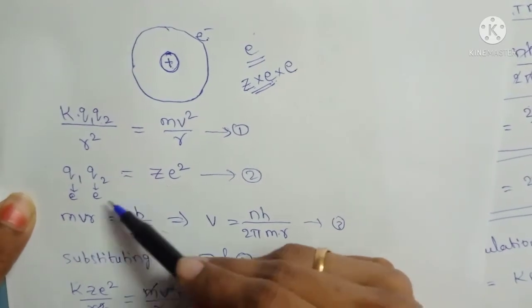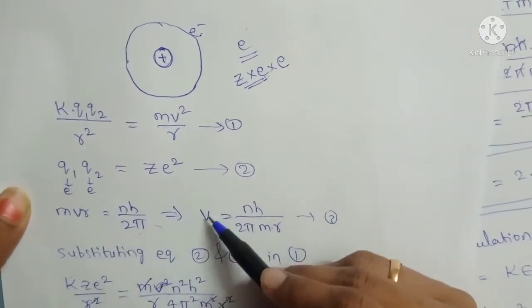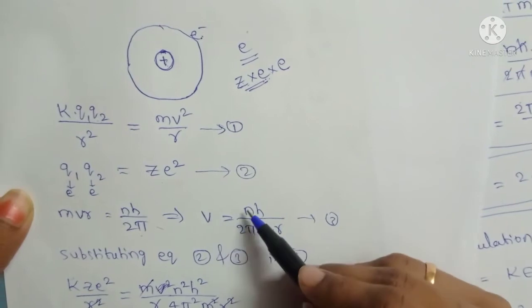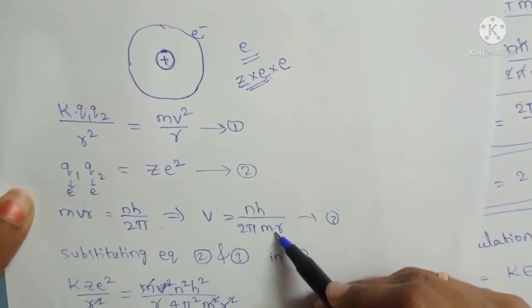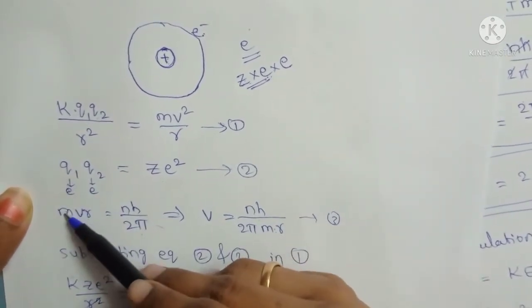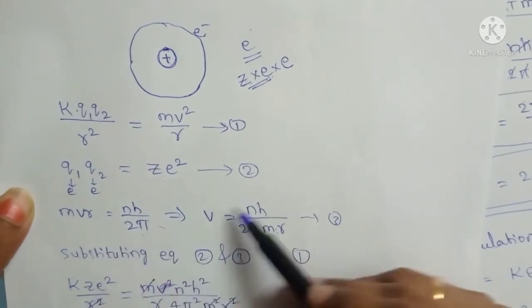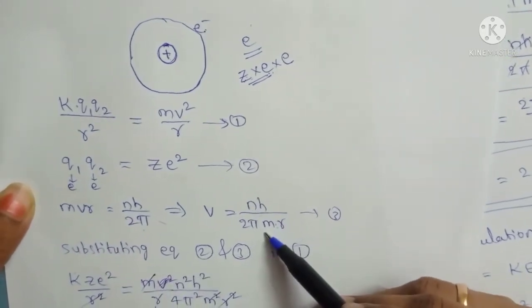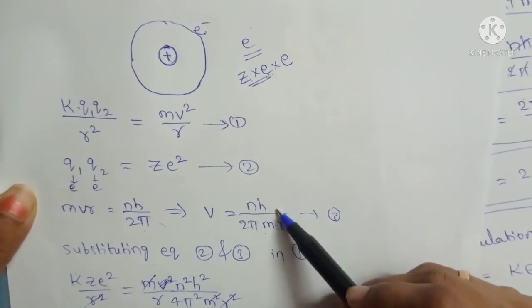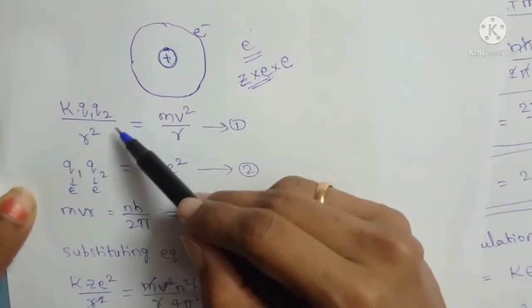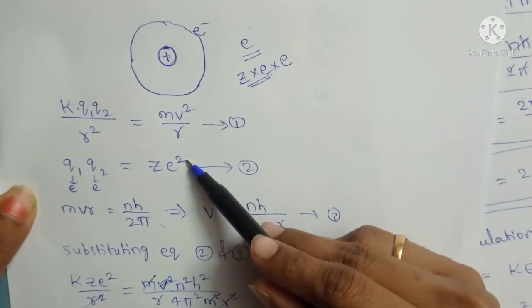From this equation we can derive an equation for velocity: v equals n h by 2 pi m r. We can substitute this equation into the first equation.